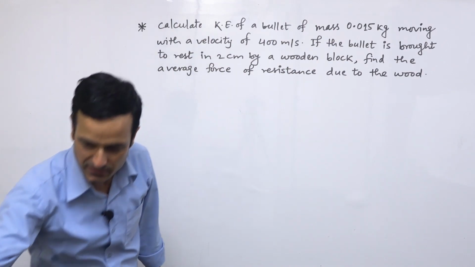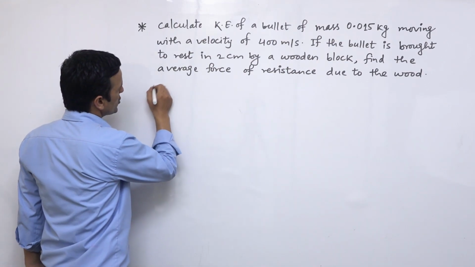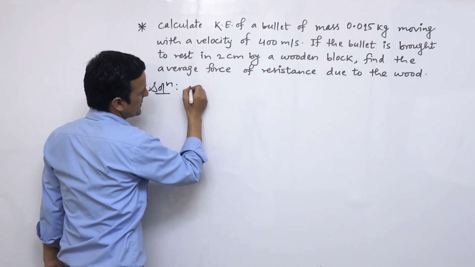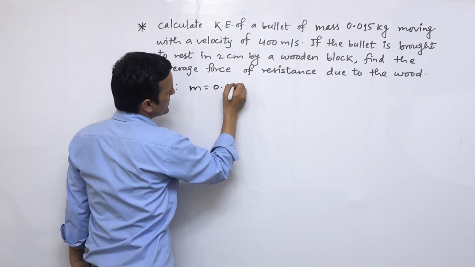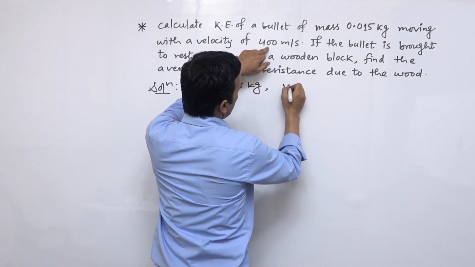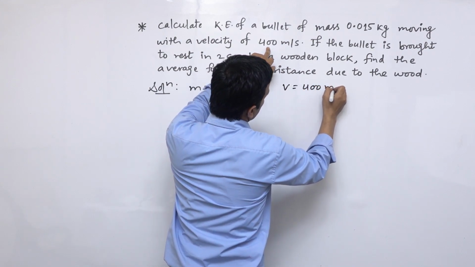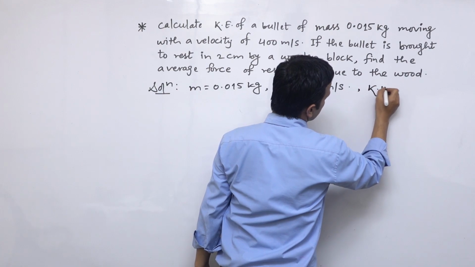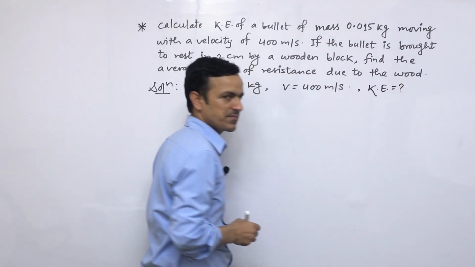So let's solve. Mass is 0.015 kg and the velocity is v equal to 400 meter per second, and we are going to find the kinetic energy of that object.